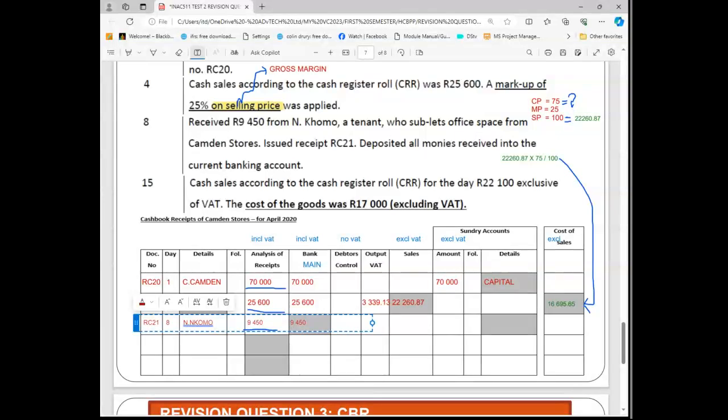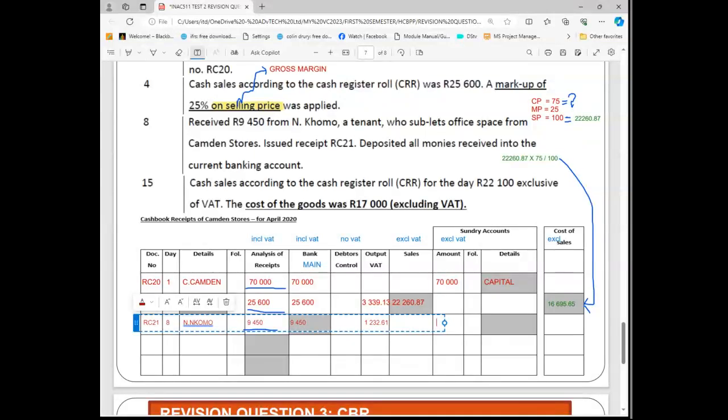It's 1,232.61. Perfect. We said I must go to the sundries. It'll be how much?